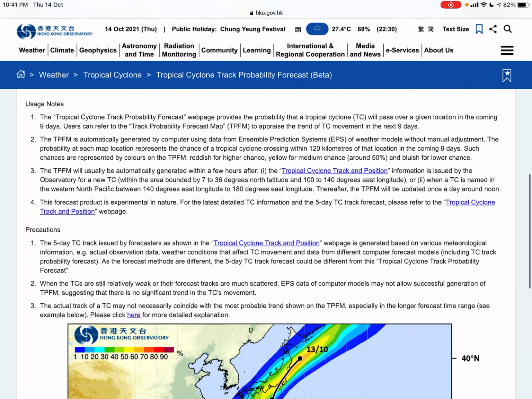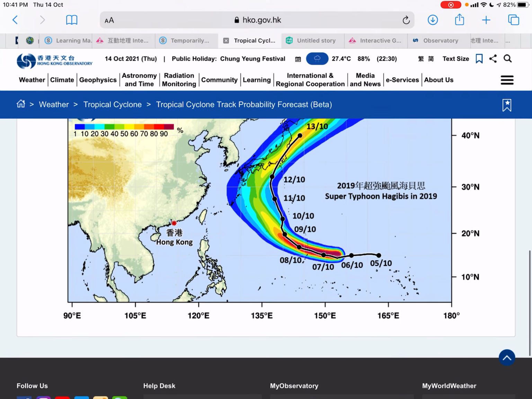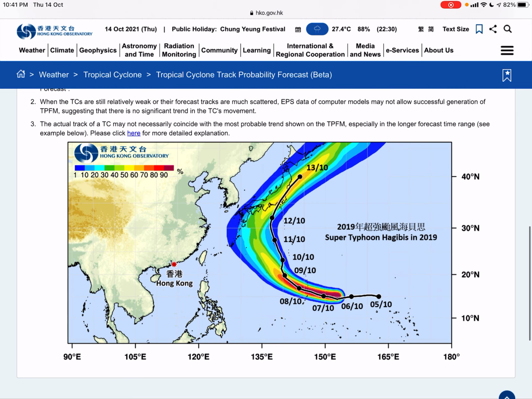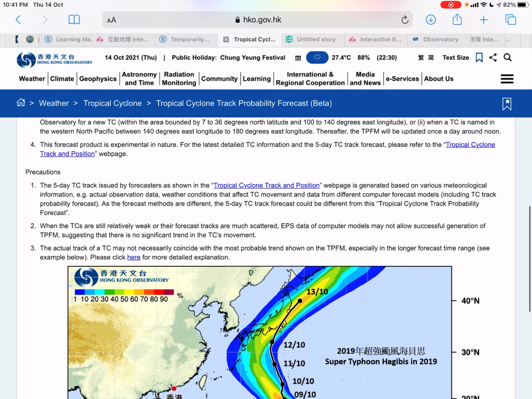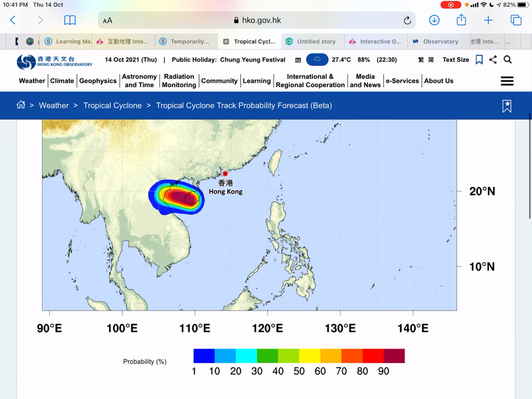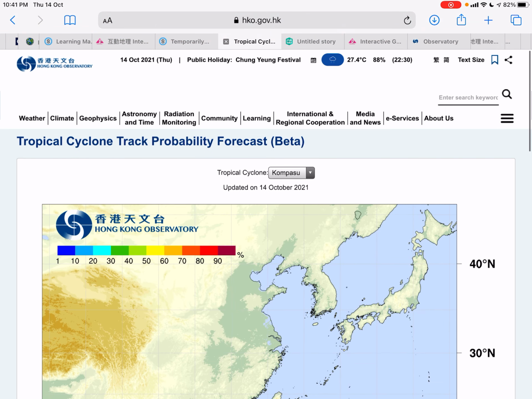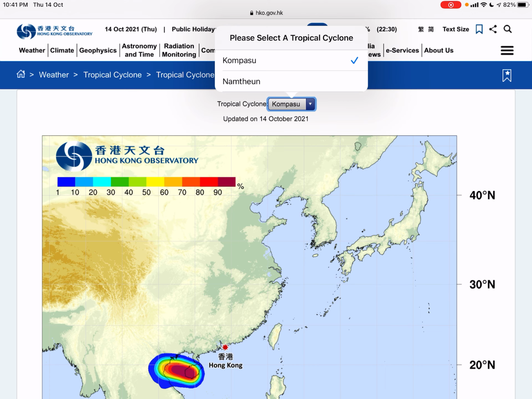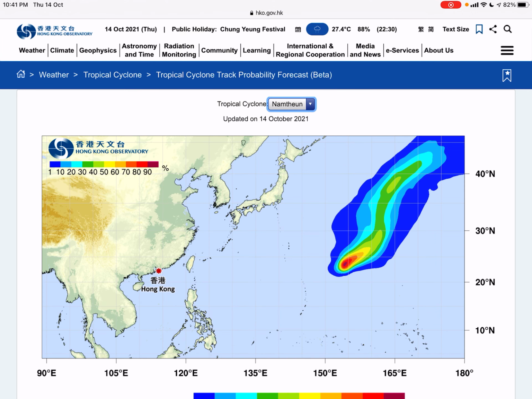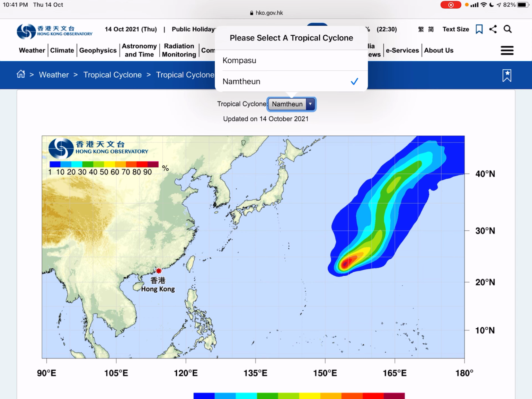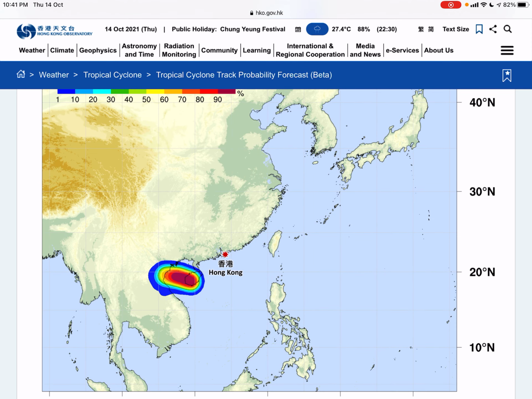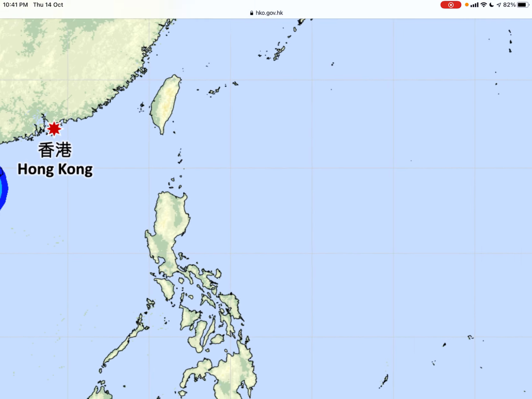You can see from here, most of the typhoons, no matter the former 2019 typhoon or the recent typhoon, this should be Compasu, and indeed you can check out more in here. This is not related, but no matter what, most of the typhoons approach from the sea from here.